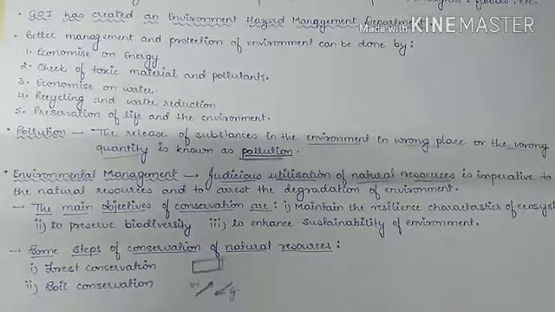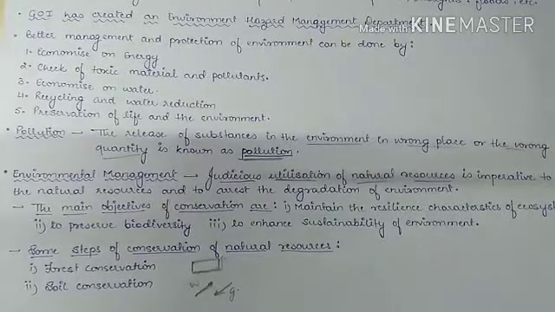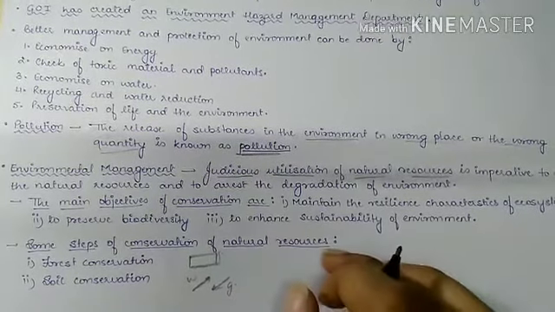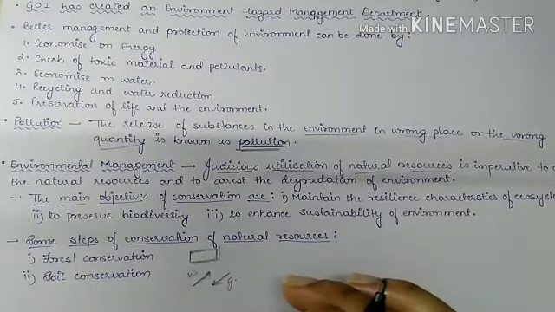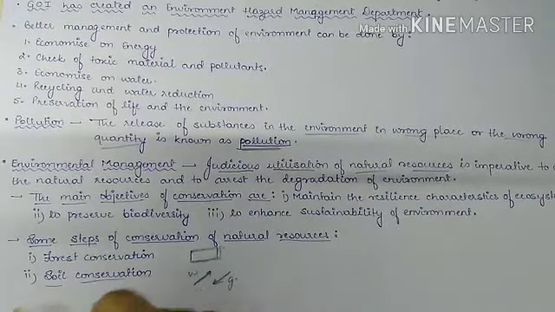Then land reclamation measures should be taken to develop waterlogged, salinity and alkalinity affected areas. Lastly, better agricultural practices and crop management should be followed so that there is not much burden on land, and the fertility of soil should remain as it is.